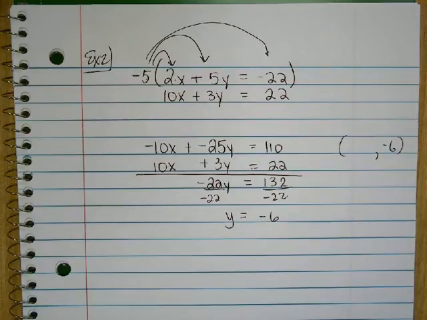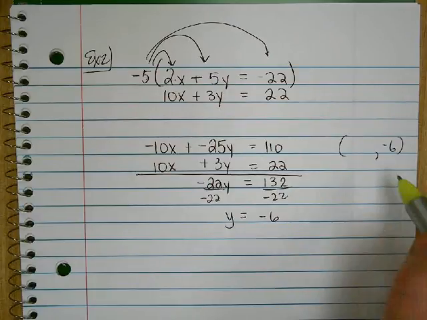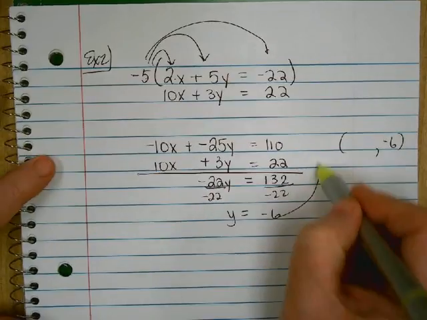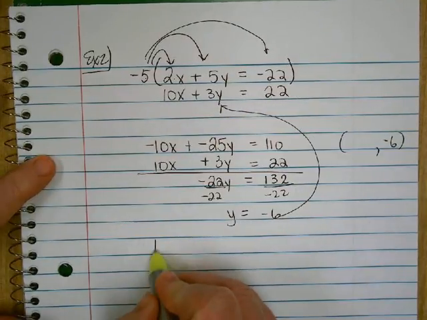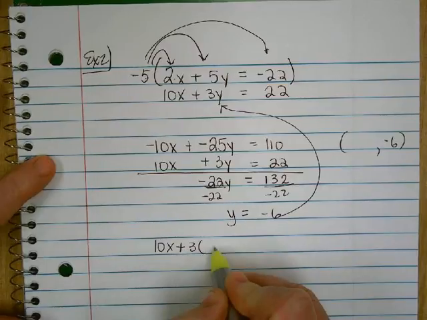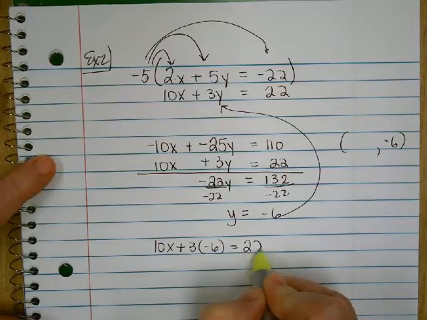What's the next step? Plug it in. Right, Jonathan. So I'm going to plug that in. I'm going to use that bottom equation. 10x plus 3 times negative 6 is 22.